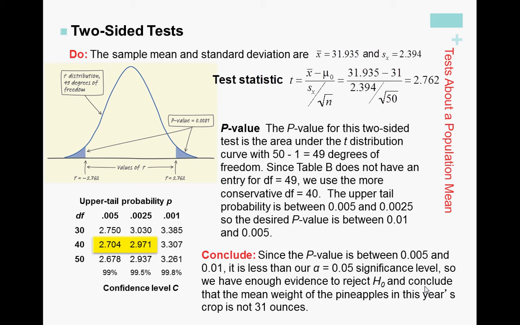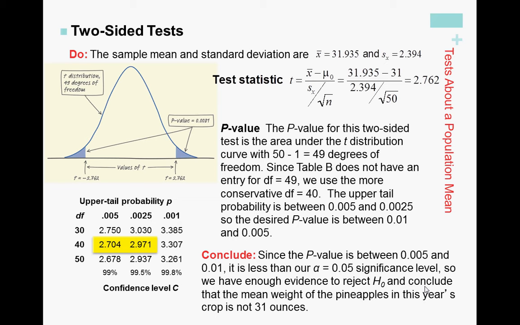That shows us, as our conclusion, the p-value is clearly less than our alpha equals 0.05 significance level. So we have enough evidence to reject the null, and conclude that the mean weight of the pineapples in this year's crop is not 31 ounces, meaning we conclude that the alternative hypothesis is true.